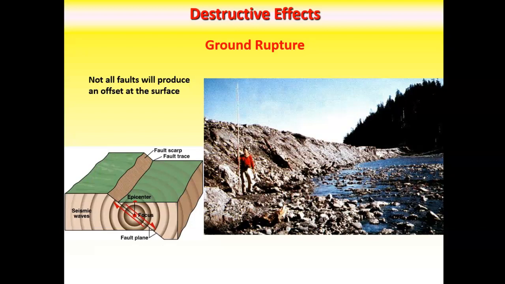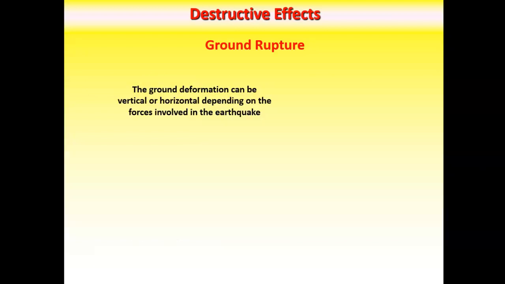But it's pretty rare to be right on that. The ground shaking, of course, is going to occur pretty far from this epicenter here. But certainly ground ruptures can break pipes, break water mains, break gas lines, things like that. And we know that that can lead to some problems for sure.